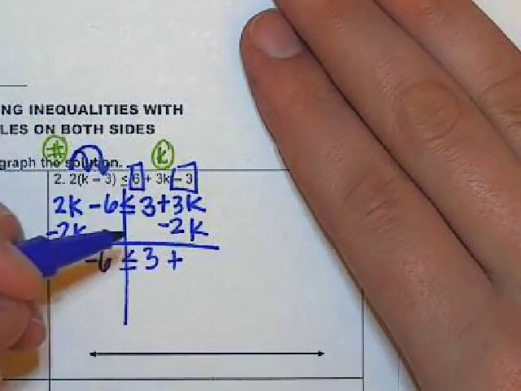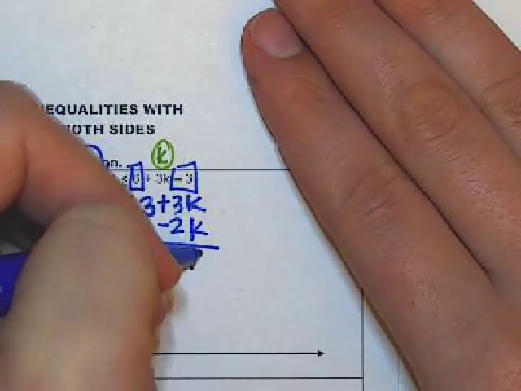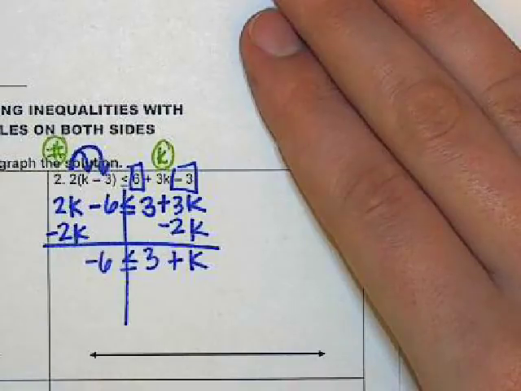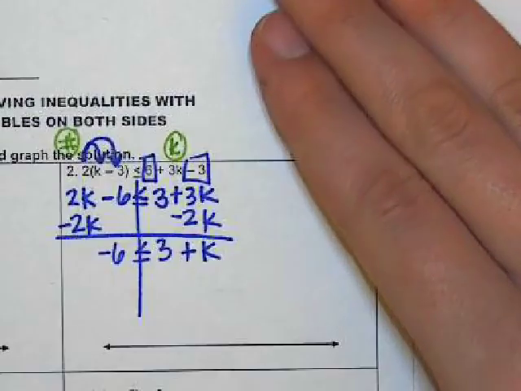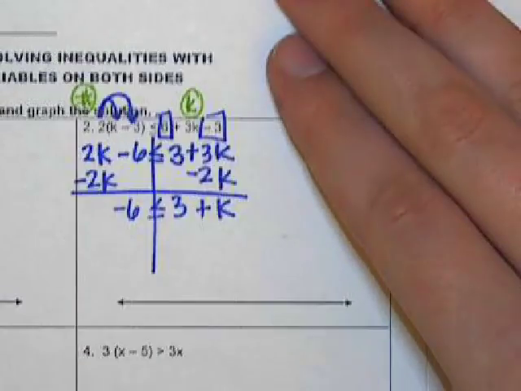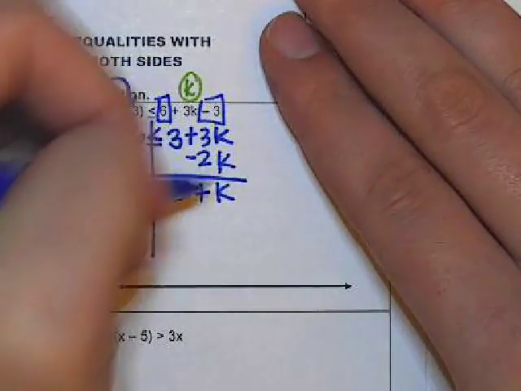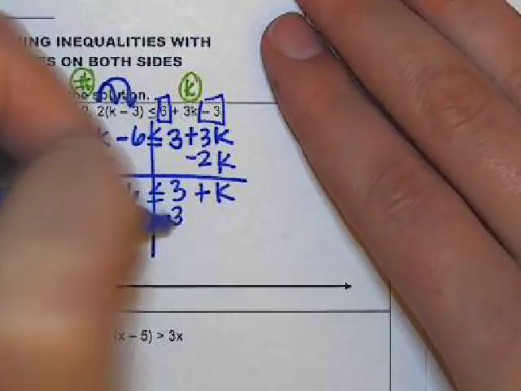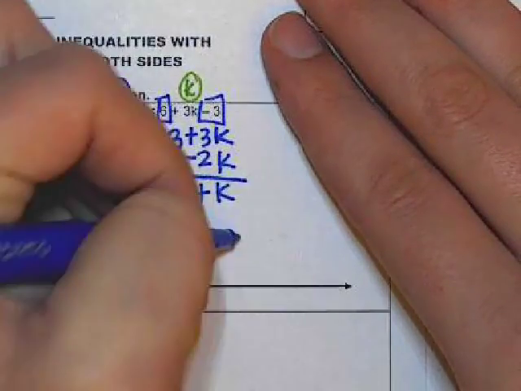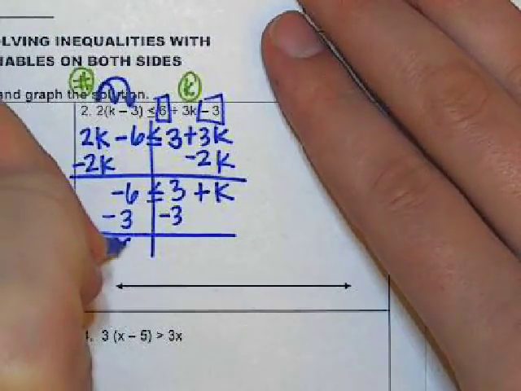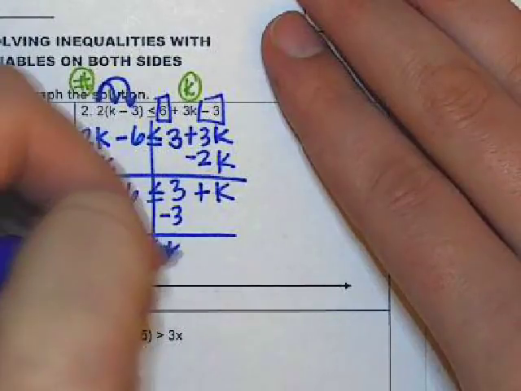Do I need to write the 1? No. So I'm just going to write k. Now what? Minus 3. Good. I want to get k by itself, so I got to subtract the 3. So negative 9, less than or equal to k.